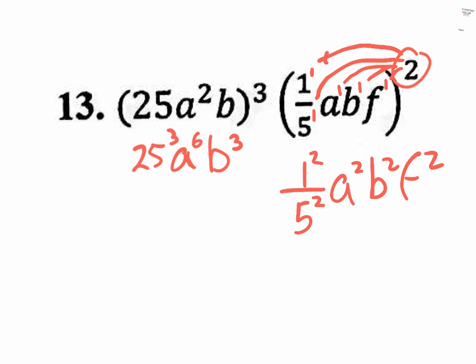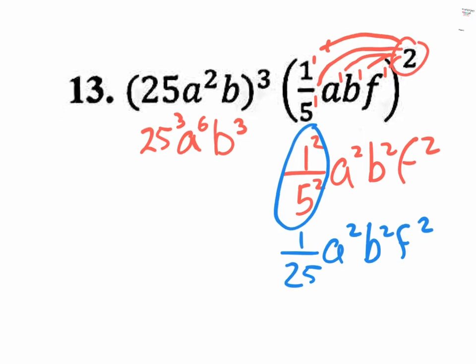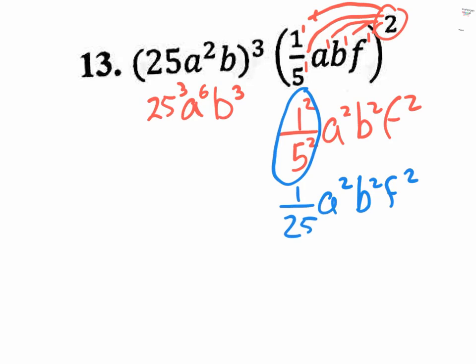Now the only other thing we could do here is 1 to the 2nd and 5 to the 2nd. That's really 1 over 25. And we still have the a squared, b squared, f squared. And what we could do now is rewrite and rearrange everything. But before we rewrite, the 25 to the 3rd power with the calculator, 25 times 25 times 25, that equals 15,625.